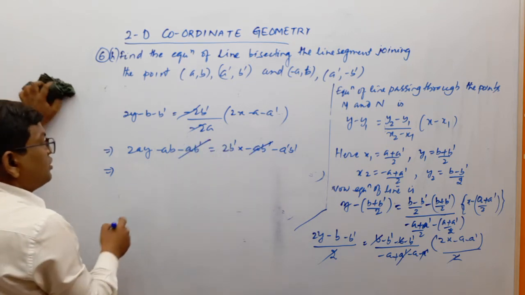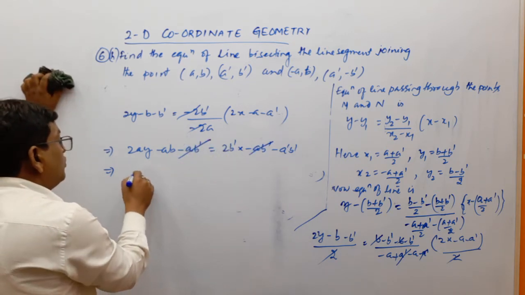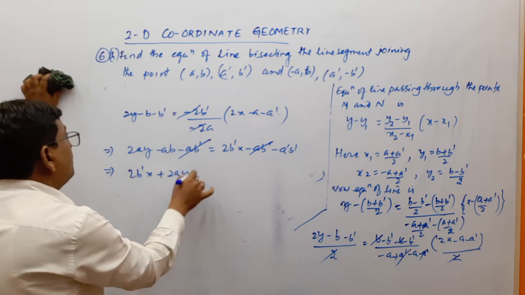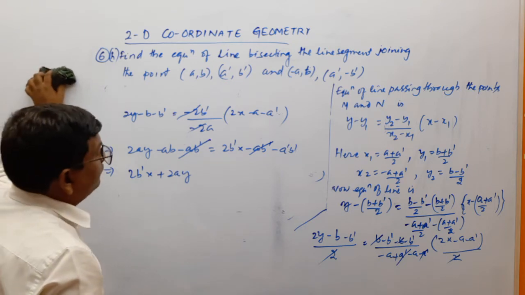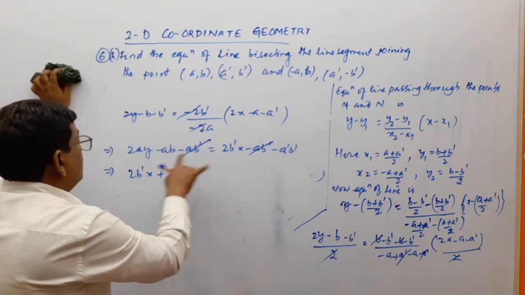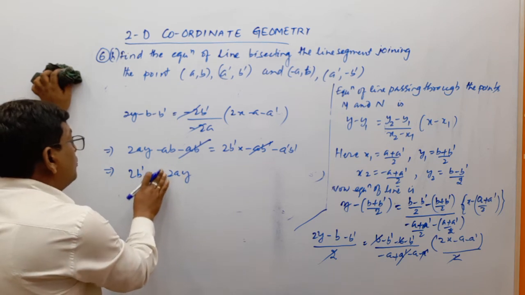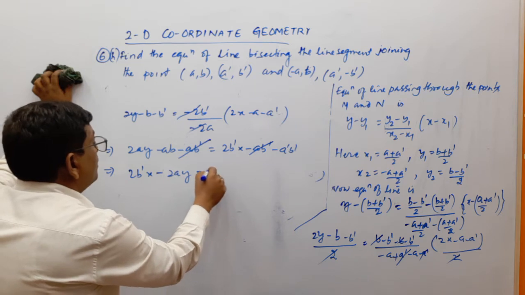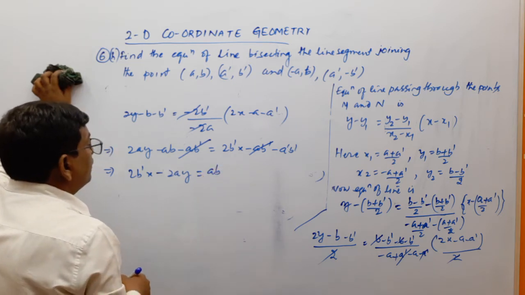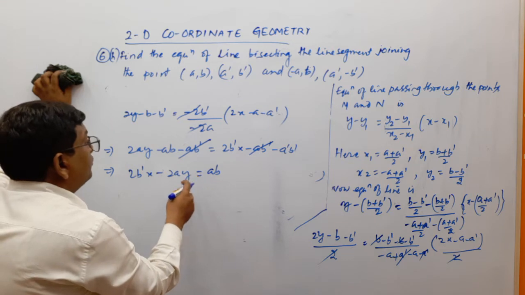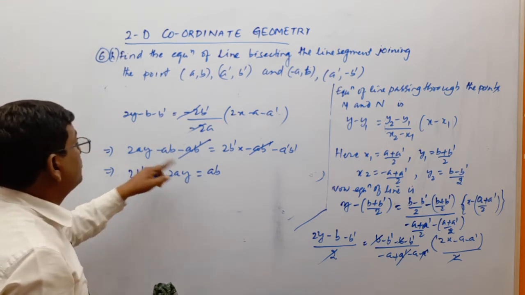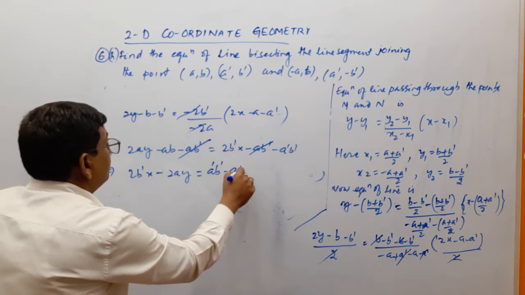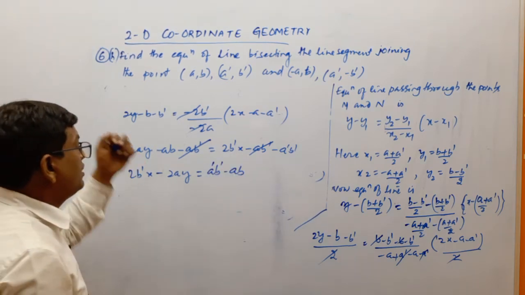So what happens here, that is 2b dash x minus 2ay is equal to ab minus, that is 2b dash x minus 2ay equal to a dash b dash minus ab.